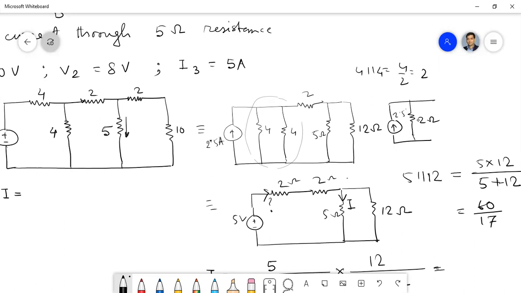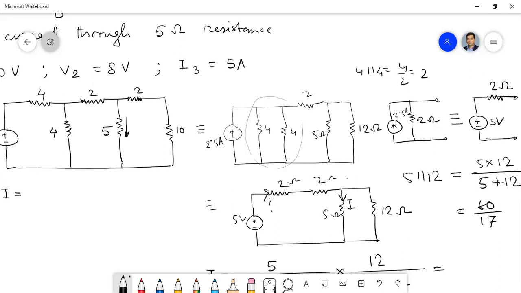If we convert this, what will be the voltage source? V equals to IR, so 2.5 times 2, 5. So this is 5 volt, and this is 2 ohm only. So this was the transformation we have used.